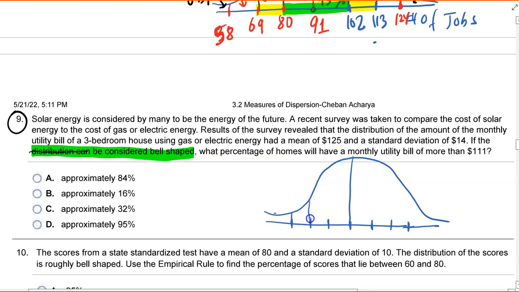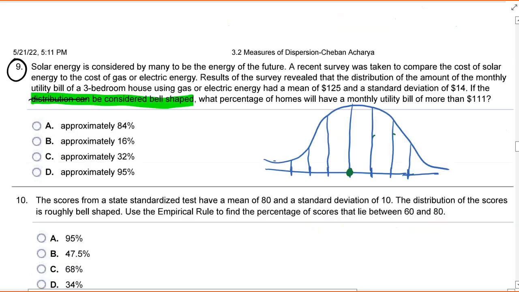And if you remember from the previous question, you put the percentage in each box here, and that's the mean, which is $125. That's the electric energy cost, and the standard deviation is 14, and the next number is going to be 125 plus 14, which is 139.